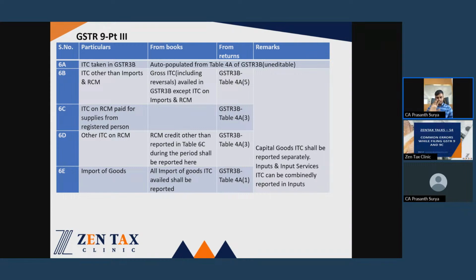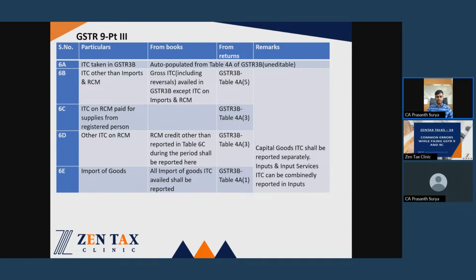So in that scenario, what is the problem with respect to GSTR9? The table 6A in GSTR9 is an uneditable field that is auto-populated from table 4A of GSTR3B.